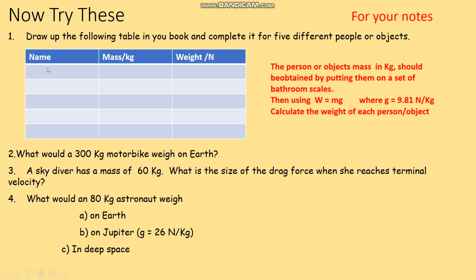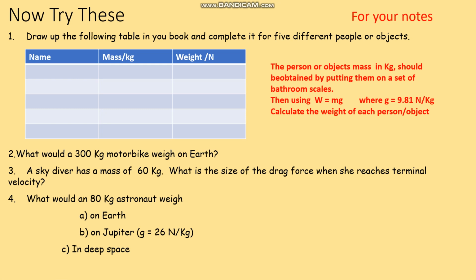Get a set of bathroom scales, measure the mass in kilograms, record it in kilograms, not in stones, pounds, ounces or whatever, and then calculate its weight using W equals mg, and you can use g equals 9.81. That's a little activity that you can do at home. Then there are 3 more questions which you can pause the video now and have a go at.